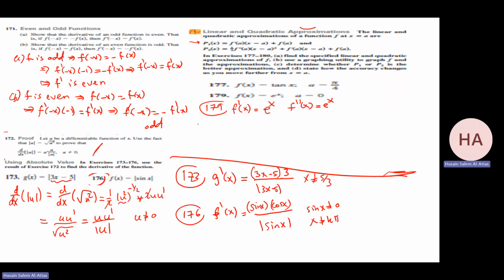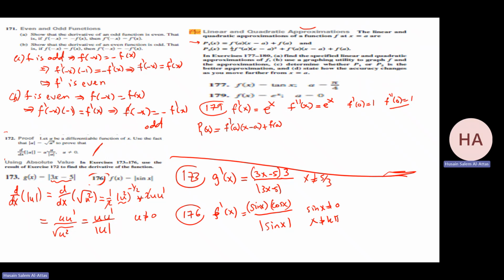So P1 of x is a formula as an approximation for a function. It's f prime at a times x minus a, plus f of a. This is what we call the linear approximation, where a is 0. So I have f prime at 0 equal 1, f double prime at 0 equal 1.